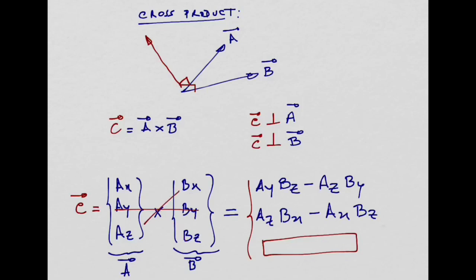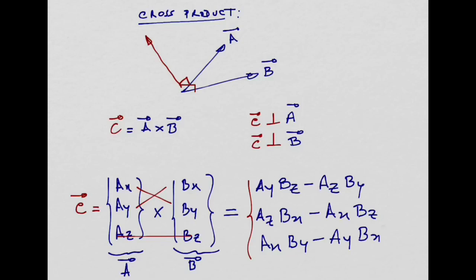So for the Z component, that will be AX times BY minus AY times BX. This will give you the Z component.